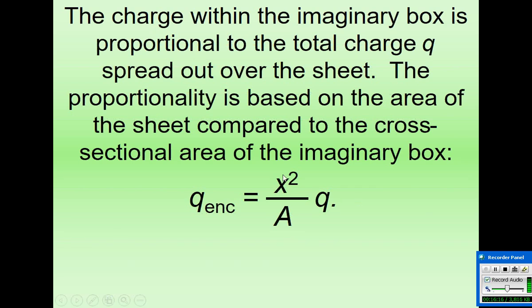So once again, we have a ratio. The enclosed charge to the total charge is equal to the enclosed area divided by the total area, and therefore the enclosed charge equals x squared over the entire area times the entire charge Q.